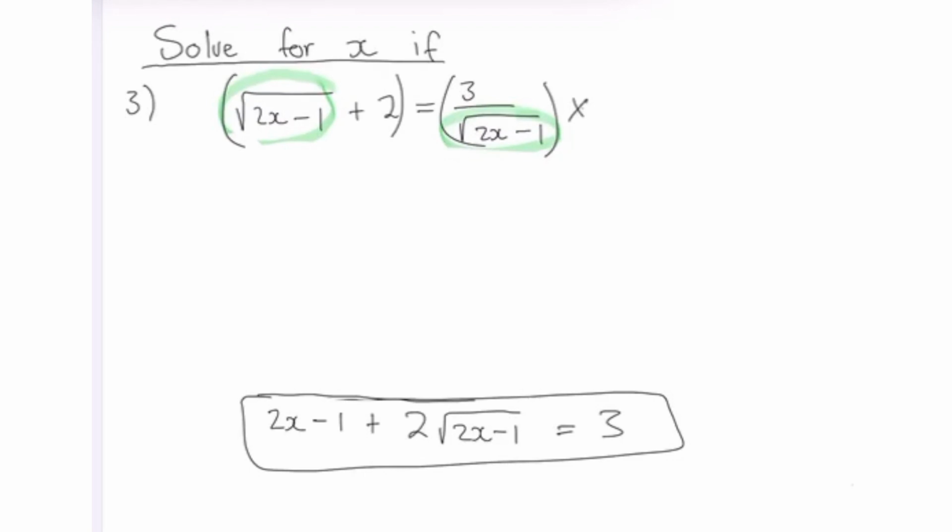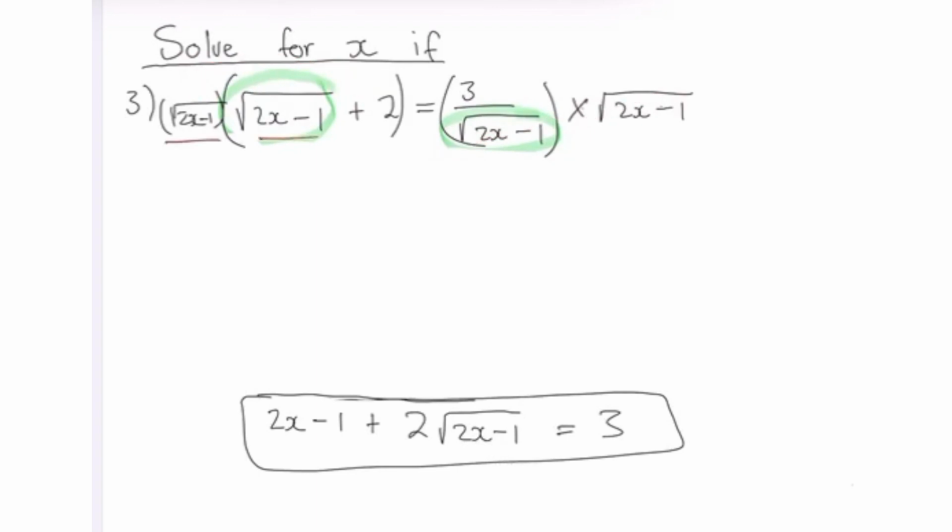We multiply by the square root of 2x minus 1 on this side, and the square root of 2x minus 1 on that side as well. This side, they will just cancel. I hope it's clear.